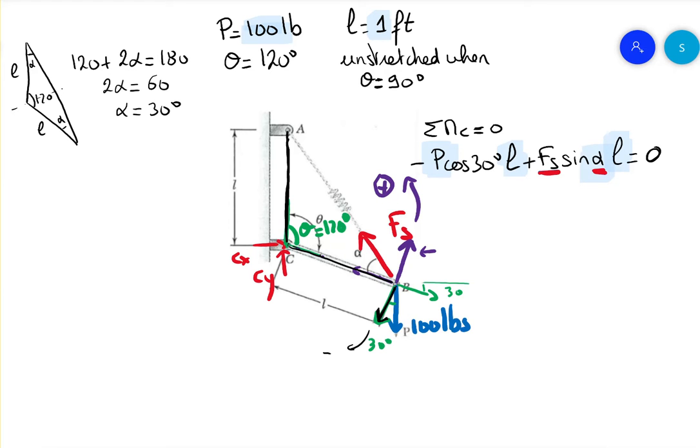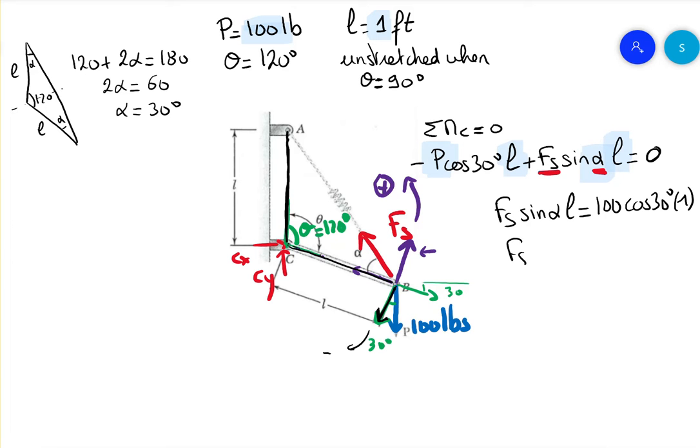30 plus 120, that's our 180. So now we can find Fs. We have the force of the spring times sine alpha times L, that is equal to P, that is 100, cosine 30 times L, that is 1.